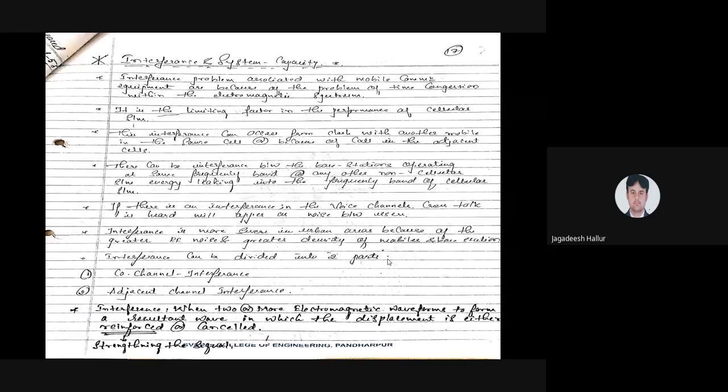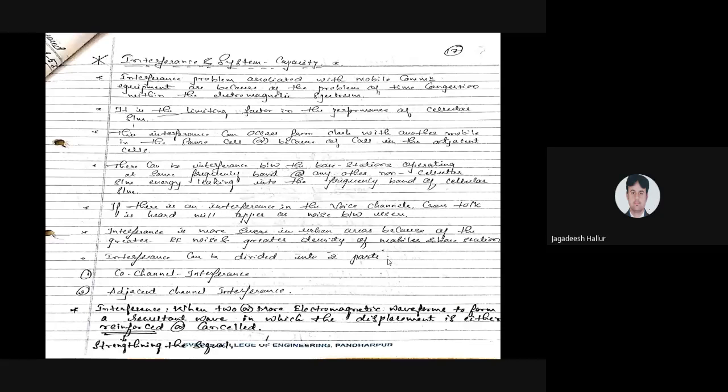And this interference also occurs in urban areas because the population is more, the number of base stations is more, and each base station has many channels, but due to bad weather conditions, interference is going to happen.